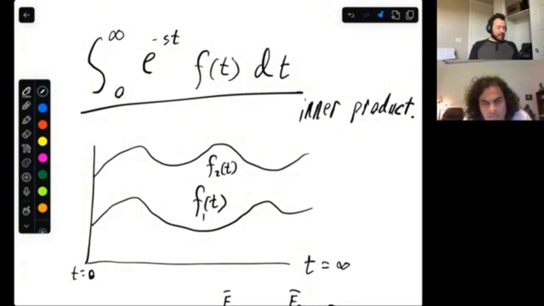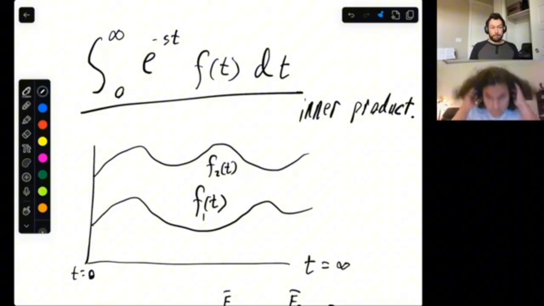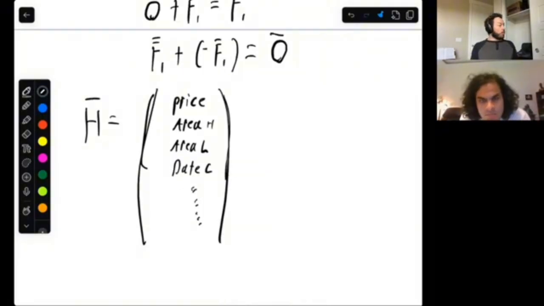Okay? Now, why is this important? Physical vectors have three dimensions. These abstract vectors have an infinite number of dimensions. So, why do we keep track of these axioms of abstract vector spaces?